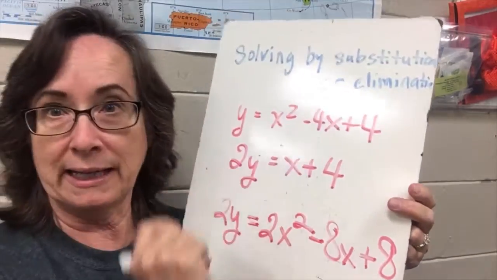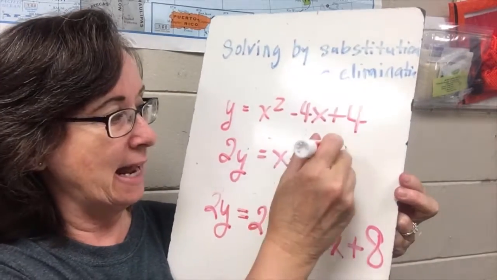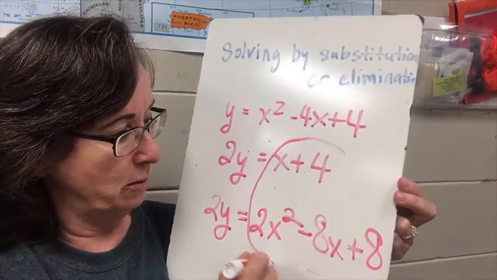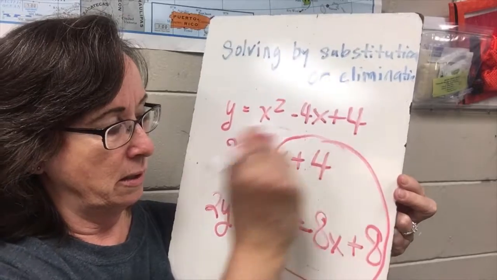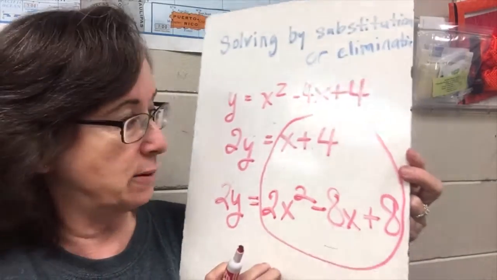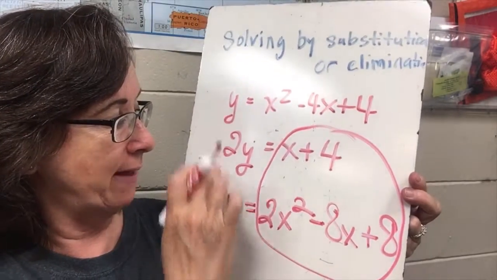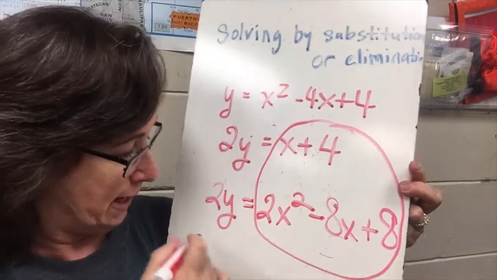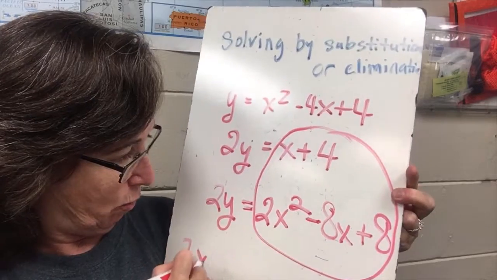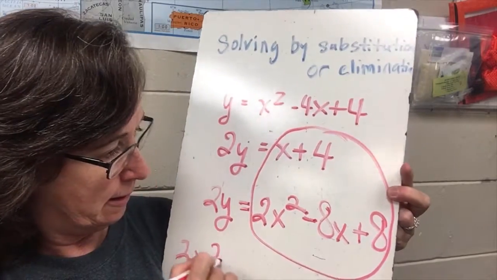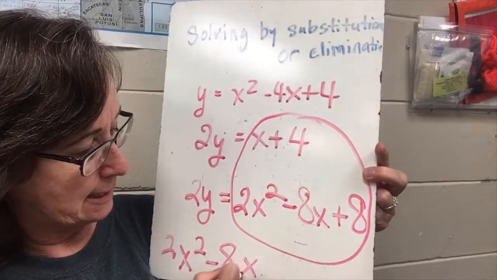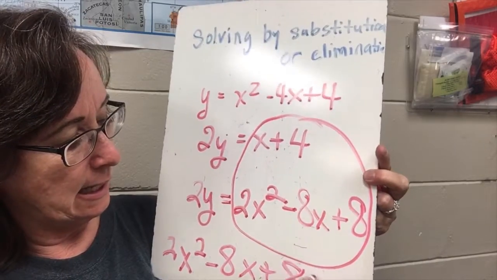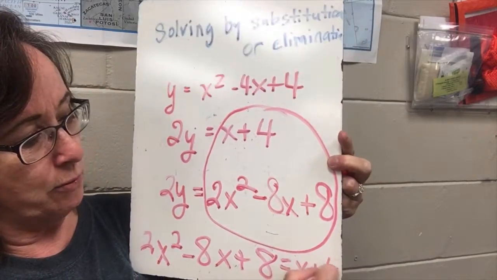And since 2y equals 2y, I can now set these two quantities equal to each other. So I end up with 2x squared minus 8x plus 8 equals x plus 4.